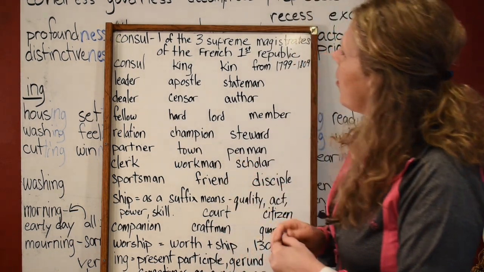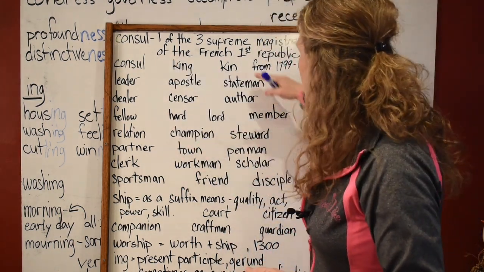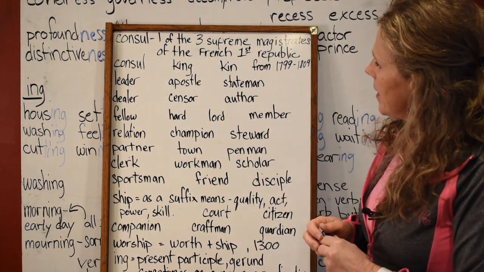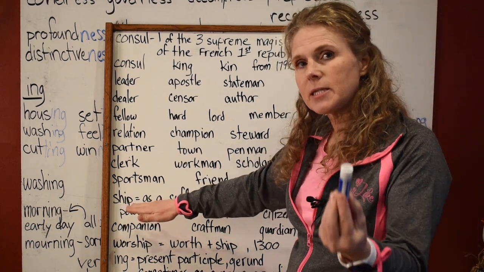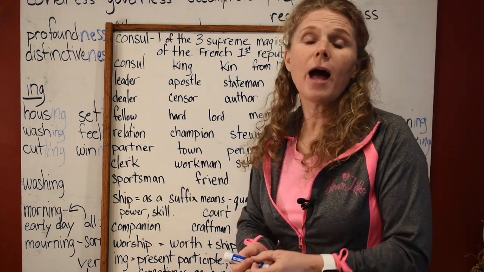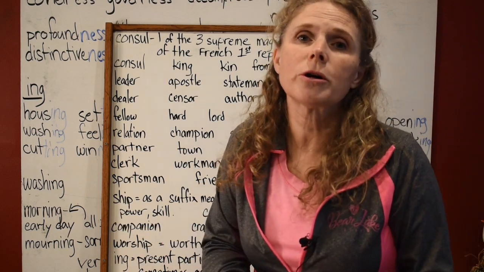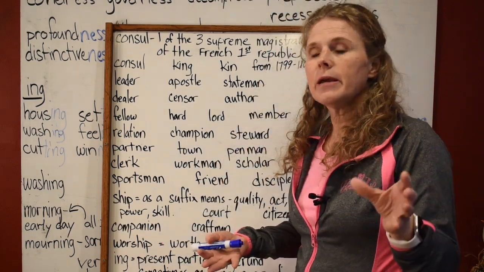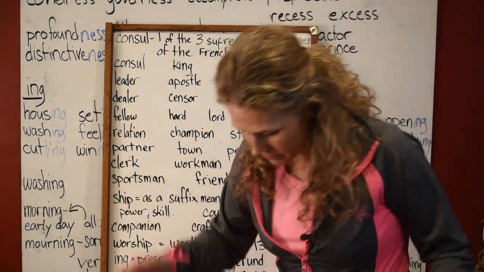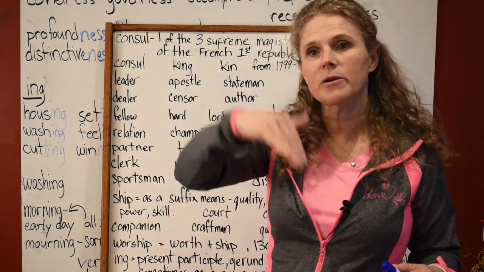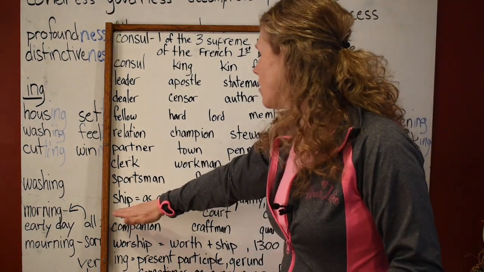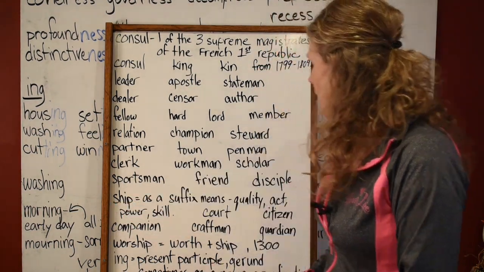So also we have base words right here. And I'm going to focus on the suffix ship. Now we have ship, that is its very own word, and that means a ship that floats on water, right? But ship is also a suffix, okay?